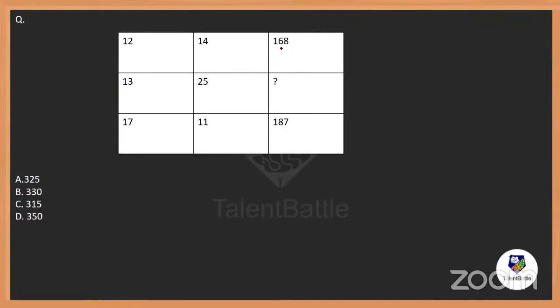But if you observe, these numbers are huge: 168, 187, and here also they are in the 300s. So most probably, these two numbers will be used to get 168, because these numbers are a little huge.